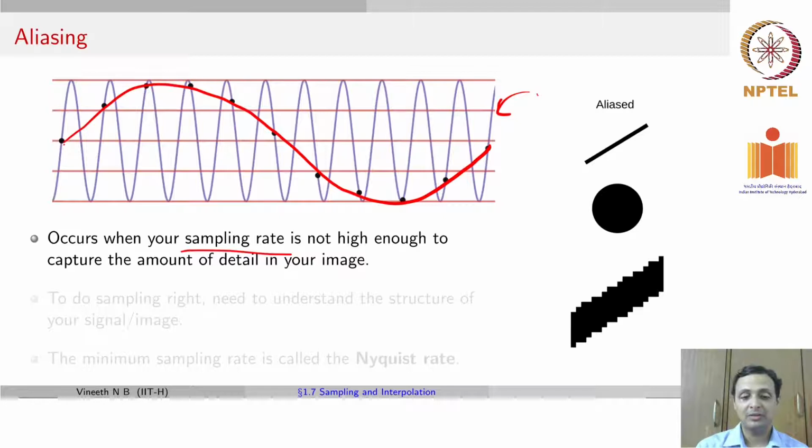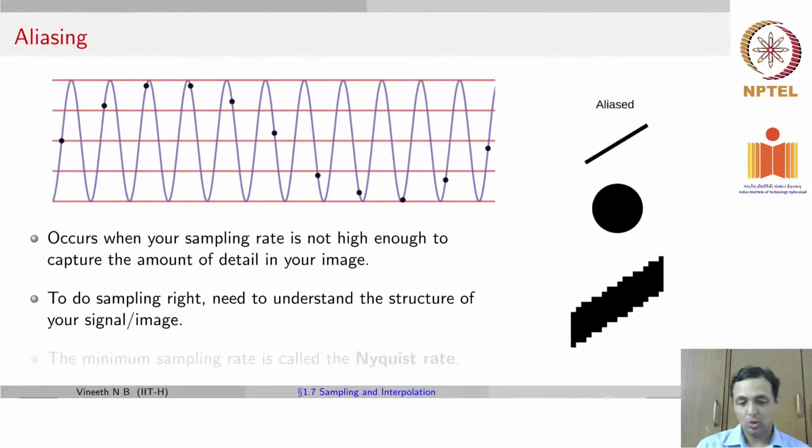Remember here that the frequency of this red wave that we just drew is very different from the original wave. And why is it so different? Only because we didn't sample the original signal enough. When I say original signal, I mean the one here in purple. Because we did not sample it enough, that's the reason why we end up getting this kind of a shape, which is very different from the original sinusoid wave.